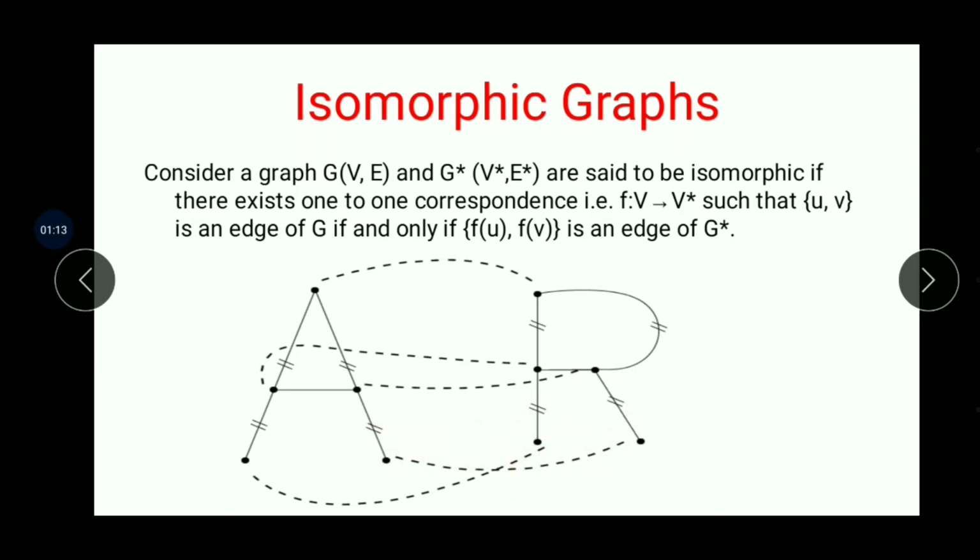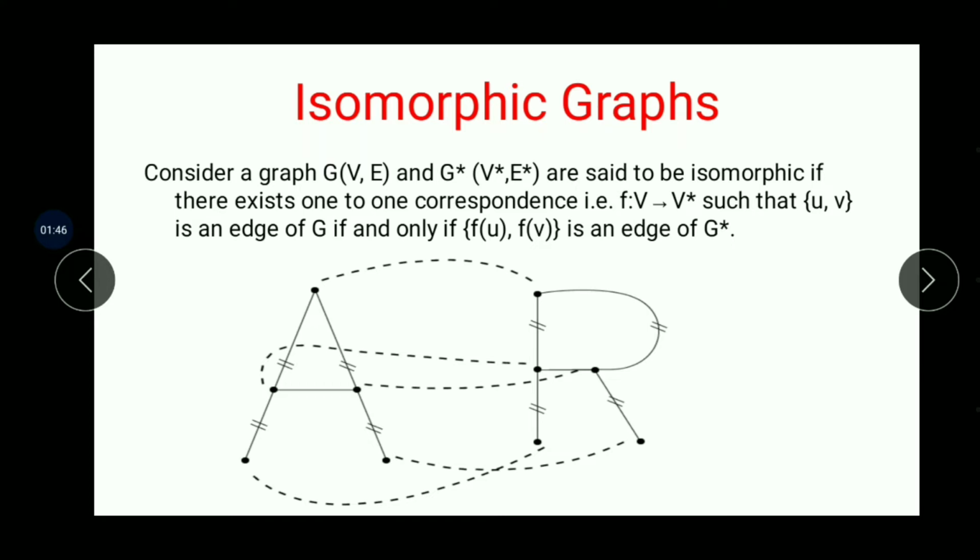So in two isomorphic graphs we will have the same number of vertices, the same number of edges, and an equal number of vertices of each degree. Like if we have four vertices whose degree is 2 in graph G, then similarly we will have four vertices in G star whose degree is 2.